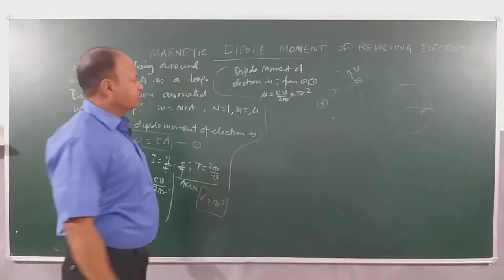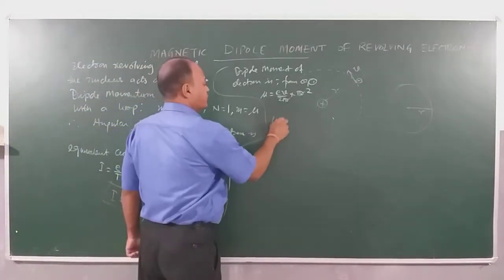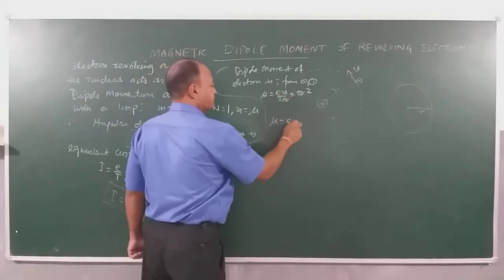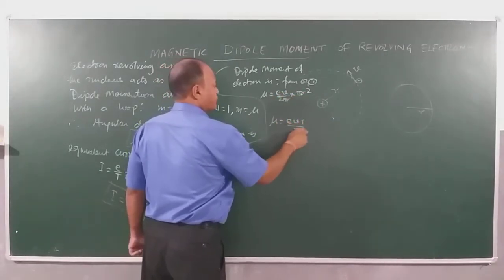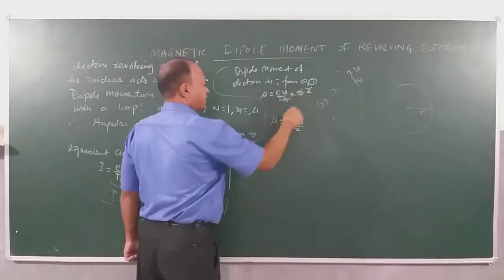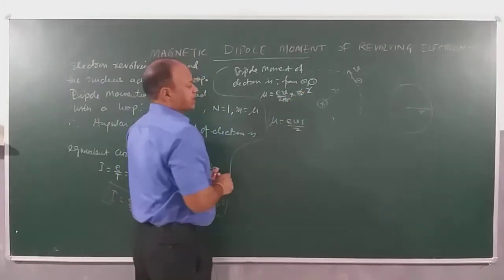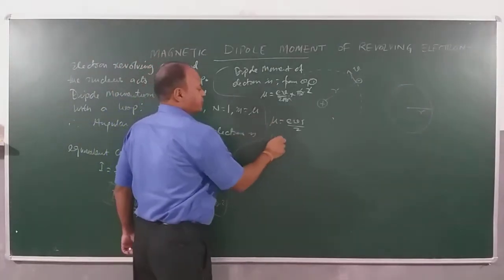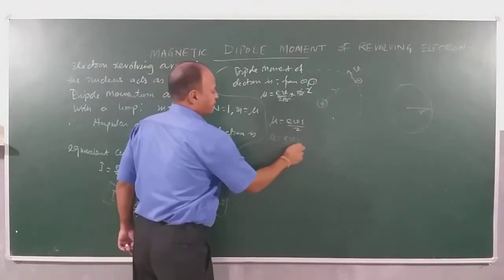If we cancel out, then mu is equal to e v r divided by 2. Pi and pi are cancelling out, and r is also cancelling out. So this is one expression that we got: mu is equal to e v r divided by 2.